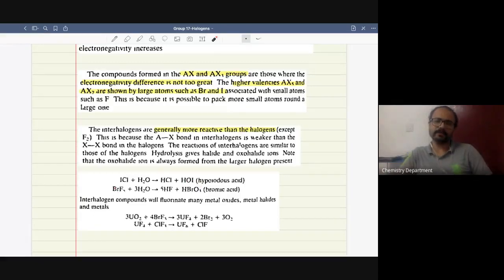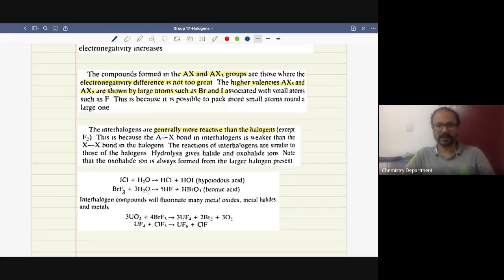Similarly here BrF3, that is bromine fluoride. Let me correct this here. When this undergoes hydrolysis, the most electronegative is fluorine, so it will form HX, that is HF.